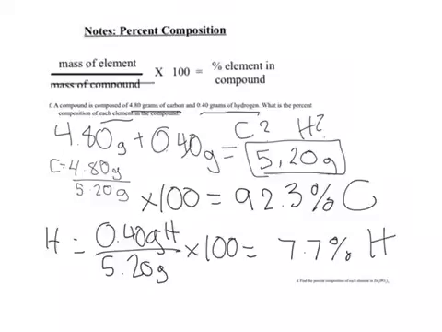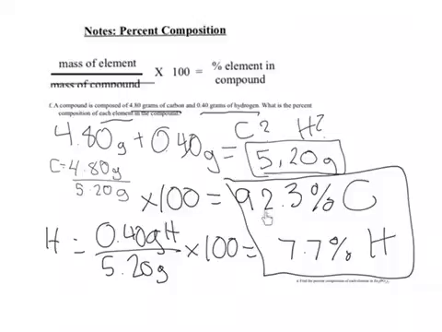So in this compound, 92.3% of it is made up of carbon, and 7.7% of it is made up of hydrogen. So that is our answer. And just to make sure, our two percentages should add up to 100, which they do.